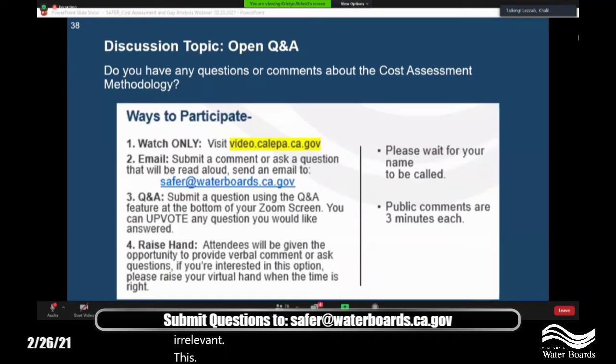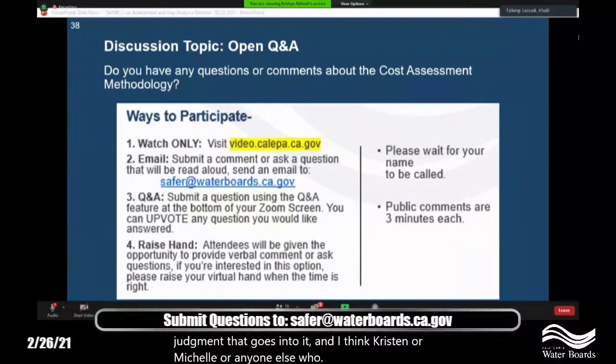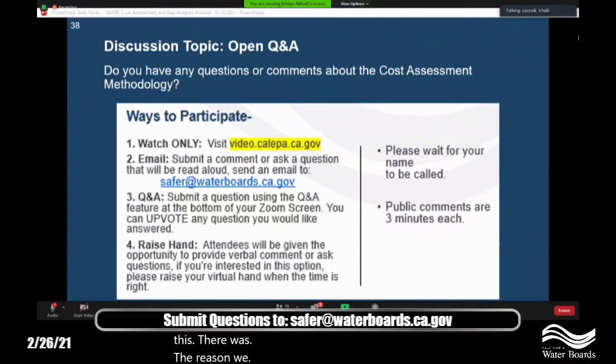This is a very good question again. I guess the decision tree is a process that's not fully technical, right? There's some judgment that goes into it, and I think Kristen or Michelle or anyone else who wants to pitch in on this can. The reasoning we went with was there were a lot of cases where some solutions that on paper looked very sustainable also were prohibitively, very, very expensive.